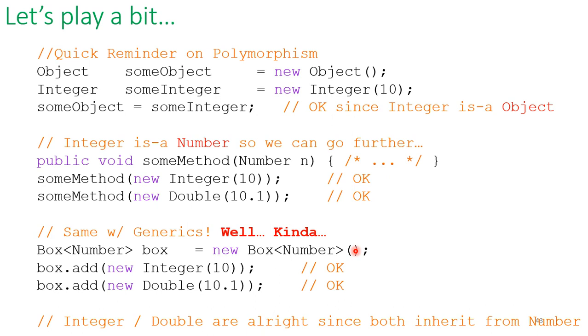That class accepts a data type. This data type has been set with a type parameter to be Number. So from now on, the add method from the Box of T class accepts a parameter of class Number. Just like we've seen before in countless examples, if you have a method that accepts a parameter of class Number, like we have here in the middle of the slide, it can be passed a reference to an Integer object or a reference to a Double object.